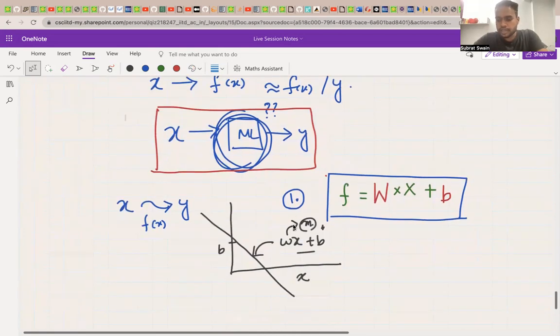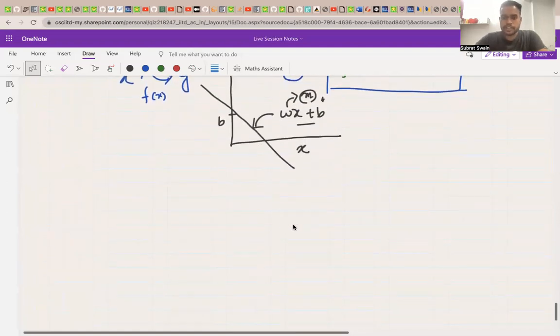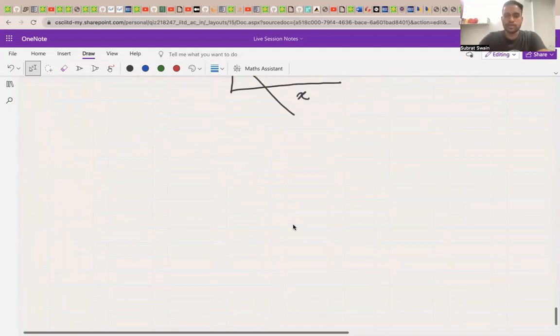I'll just try to simplify it and tell the answer to everyone. A function can be anything, right? So we don't know the function. Just suppose you know a famous dataset, MNIST.